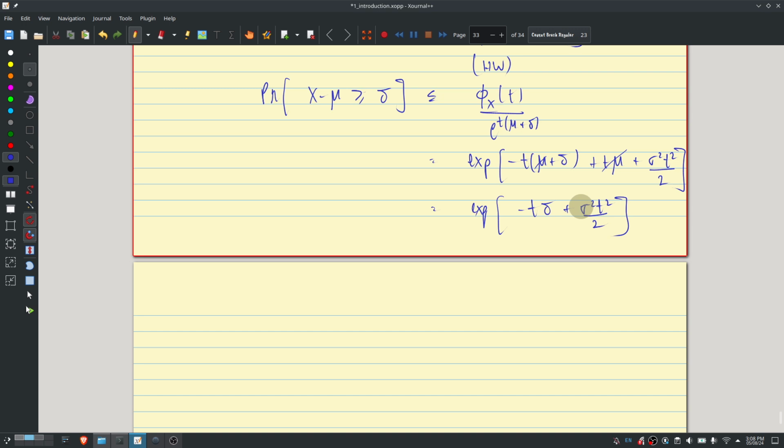Convex. Is it convex or concave? It's concave for all t greater than 0. Right? In fact, even if t equals 0, then you just get a constant function which is still concave.